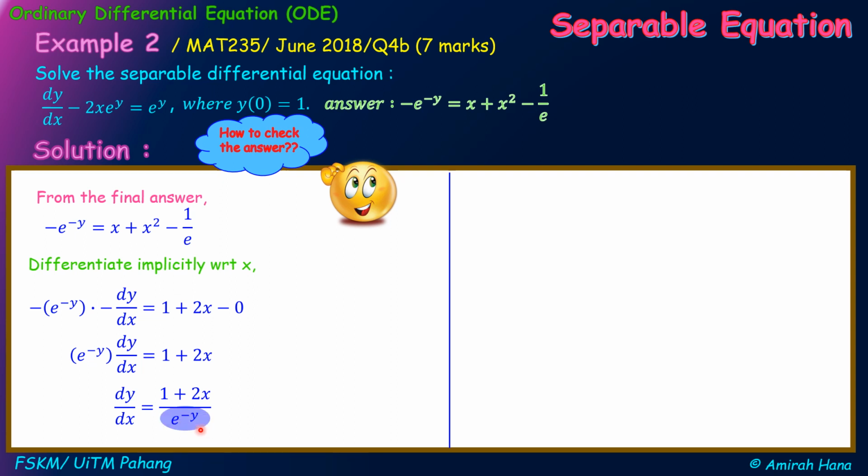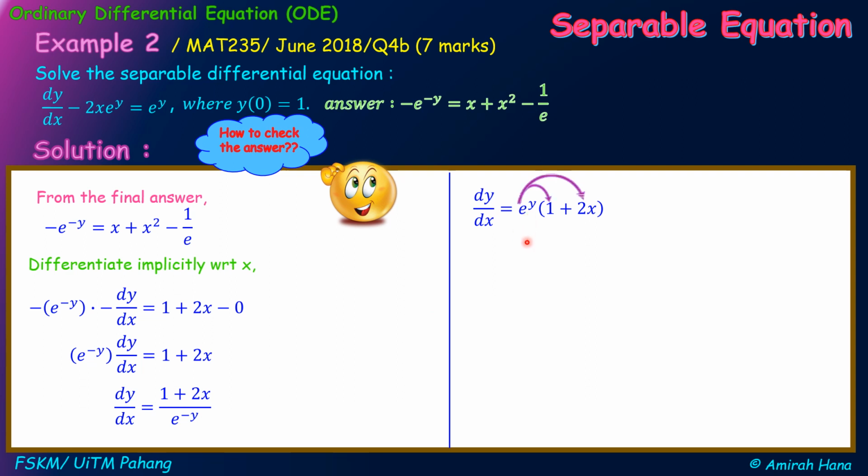After that, we move e to the power of negative y up to the numerator using the properties of indices. So we have dy over dx equals e to the power of positive y times 1 plus 2x. When we move the denominator to the numerator, the negative exponent becomes a positive exponent.